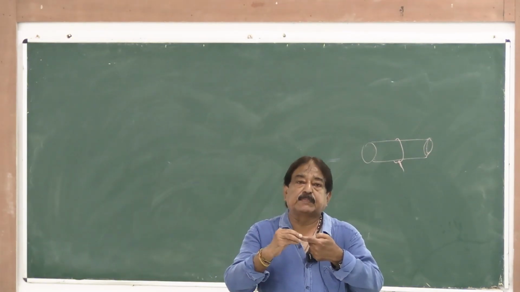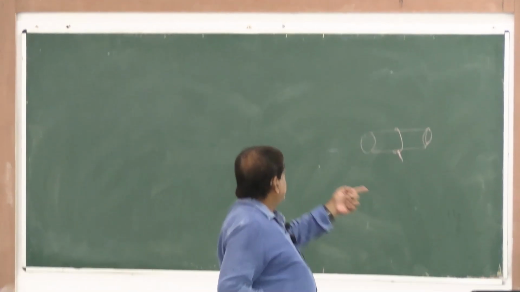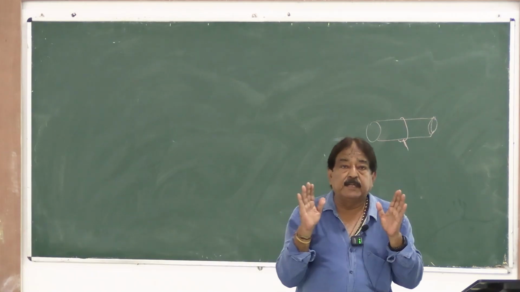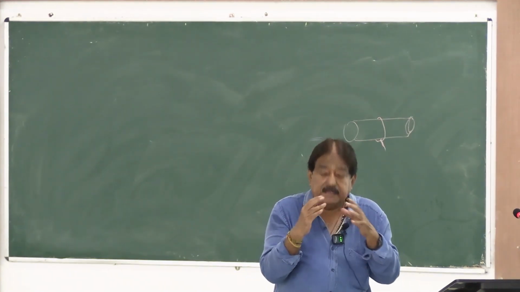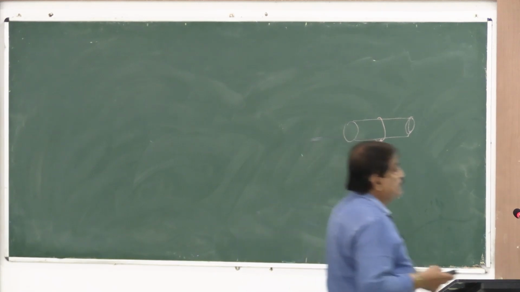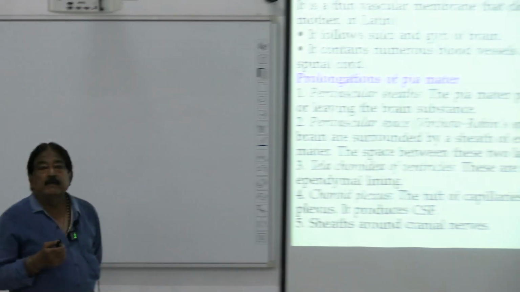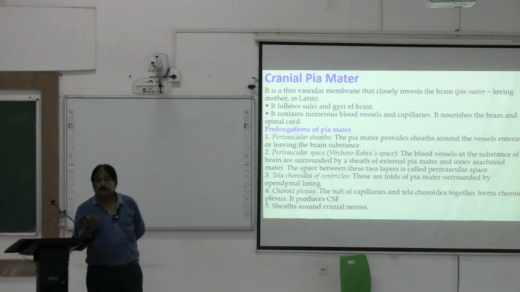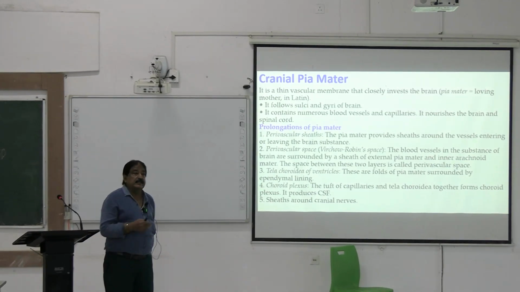Then you see this is a vessel, the covering is the pia mater, and the space in between is the perivascular space. Now, this is the Virchow-Robin space. Virchow first came to show us that it has a space, and he named it.